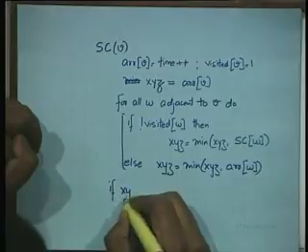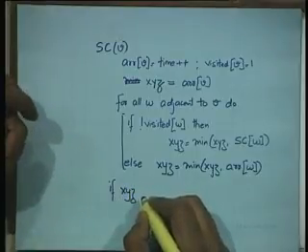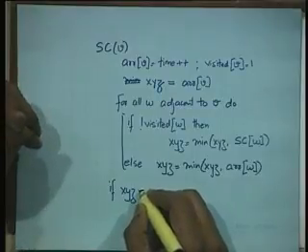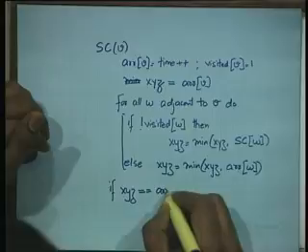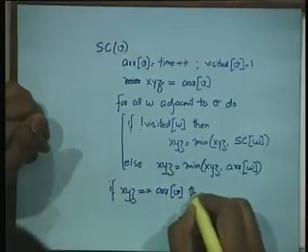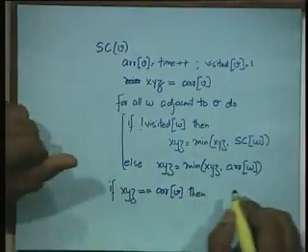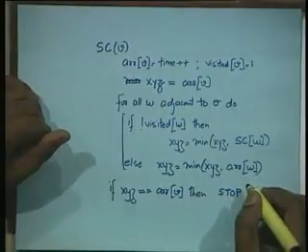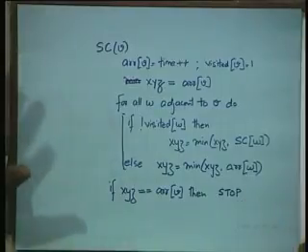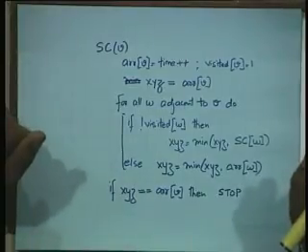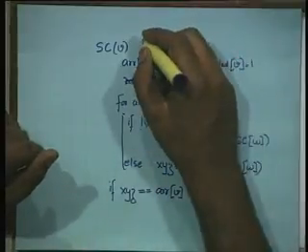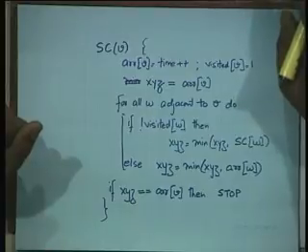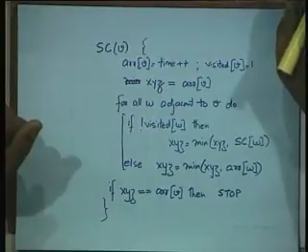If XYZ equals arrival V, then stop, and we will stop with saying that graph is not strongly connected, else we just return.